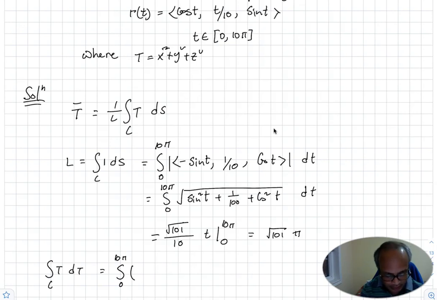So x square will be here cos square t plus y square will be t square by 100 plus z square will be sin square t, and then r prime t.